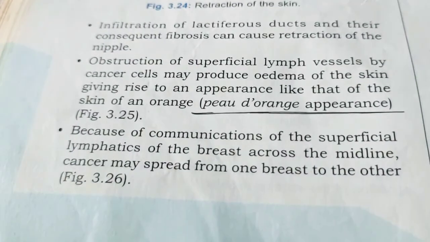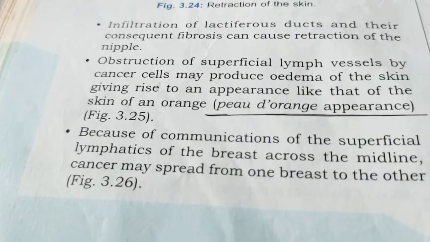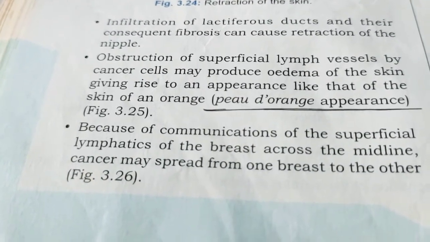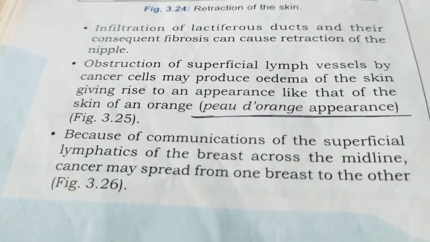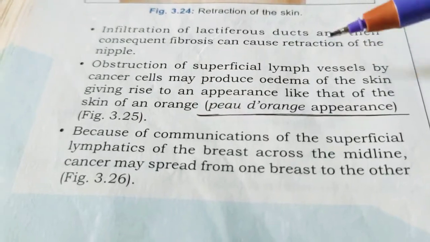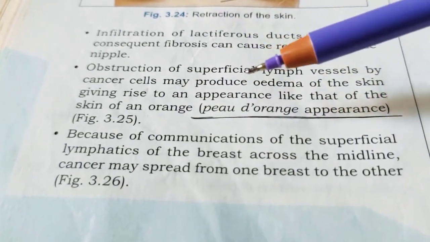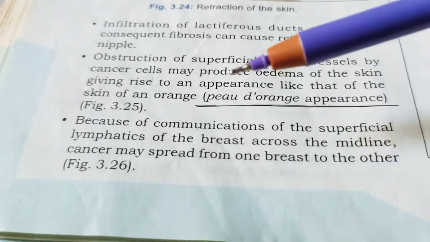Next, infiltration of lactiferous ducts and their consequent fibrosis can cause retraction. So sometimes cancerous cells go into the lactiferous ducts also, causing retraction of the nipple, right? And obstruction of superficial lymph nodes by cancer cells can produce edema of the skin, giving rise to an appearance like the skin of an orange peel.